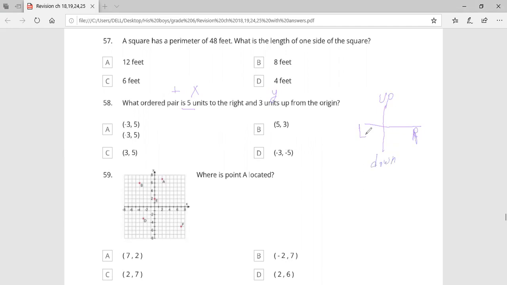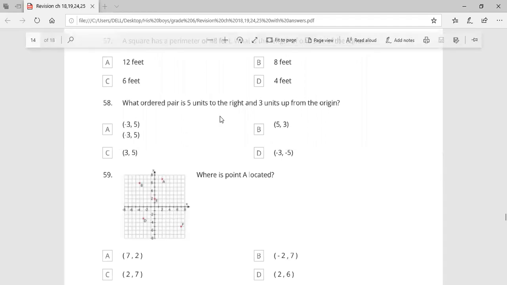Right is positive, left is negative, up is positive, down is negative, and so on. Here is your 5 units to the right. Here 5 is positive, and the 3 units up, 3 is also positive. Yes, that's what I mean. 5, concentrate, 5 and the 3, like this. Okay, the next one.